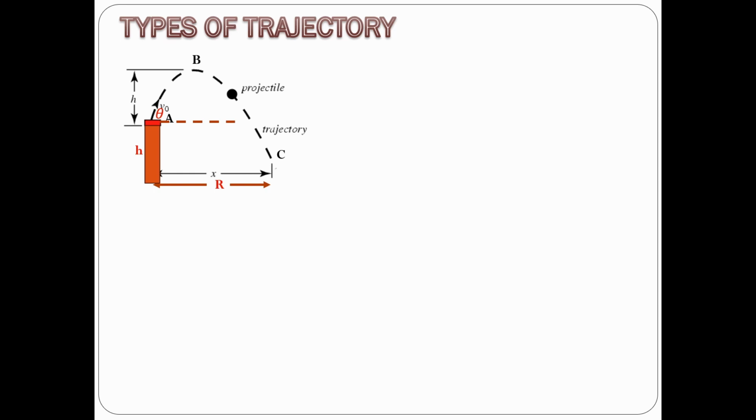To go from A to B, notice that it is the same as this. So we can use the equation that we use in that trajectory. The time it takes from A to B is T A to B equals v sine theta over g.